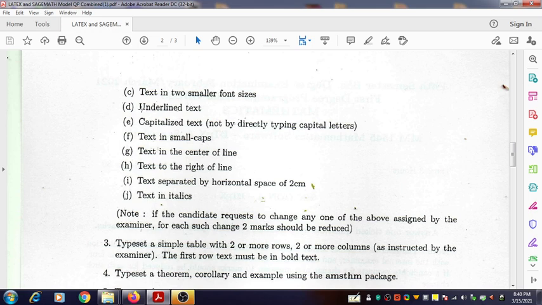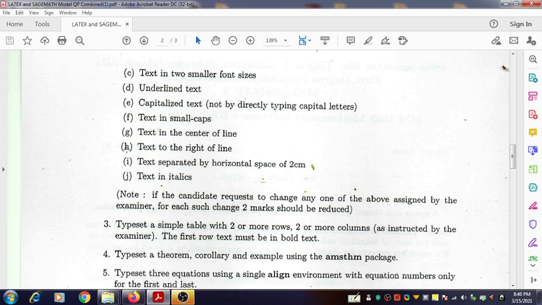Then capitalized text, and next you have to type text in small caps. Next text in the center of line, or centralized text, and you can expect left aligned text, right aligned text, likewise variations in this question you can expect.